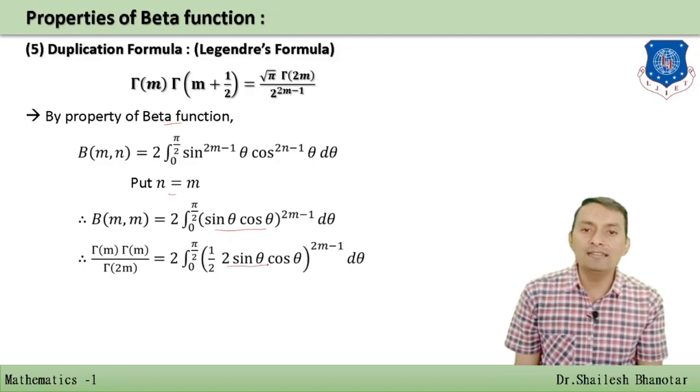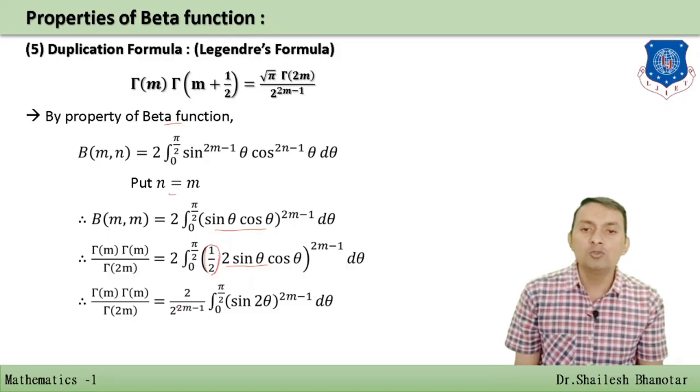So this is exactly sin 2 theta raised to 2m minus 1, but 1 by 2 raised to the power 2m minus 1 is there, which is independent of theta, so we can take it outside of this integration. So we have 2 divided by 2 raised to 2m minus 1 integration from 0 to pi by 2 of sin 2 theta raised to 2m minus 1 d theta.